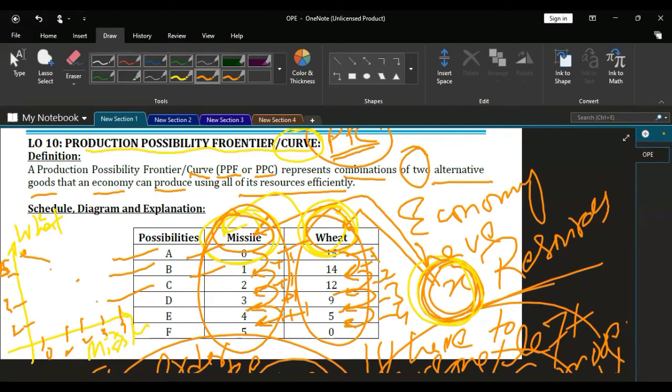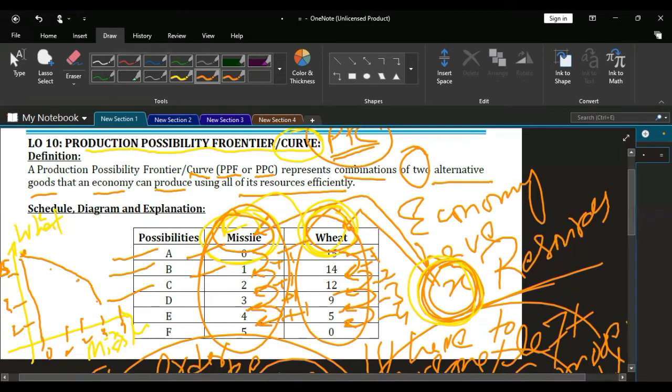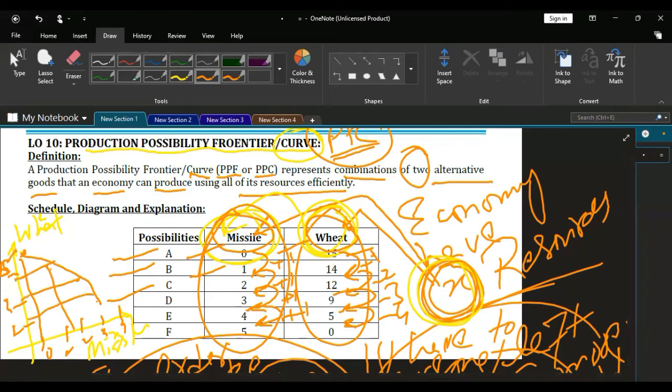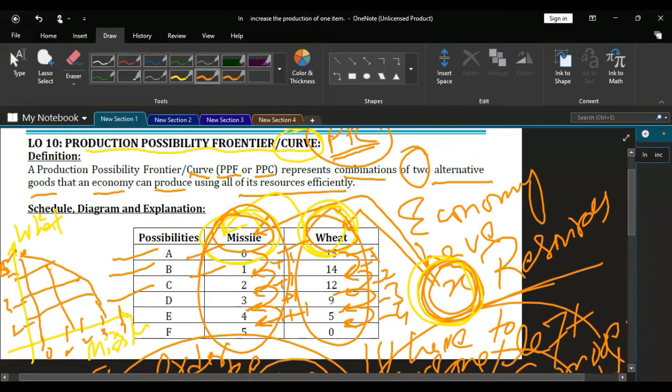Similarly, our downward curve will be made, which shows that in order to increase the production of one quantity, you have to set aside resources from the other good. You have to sacrifice the other good.